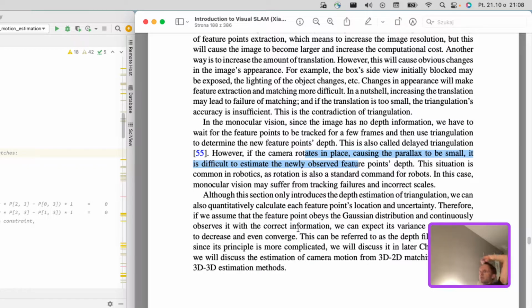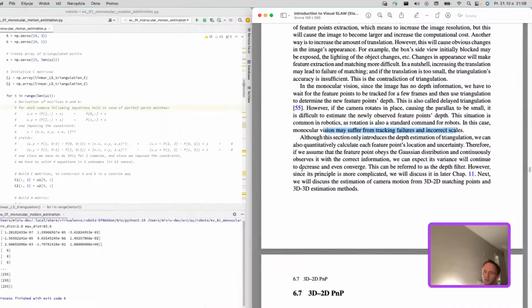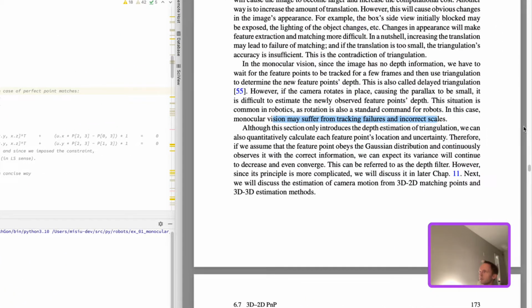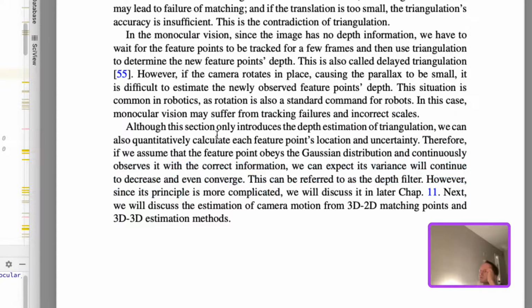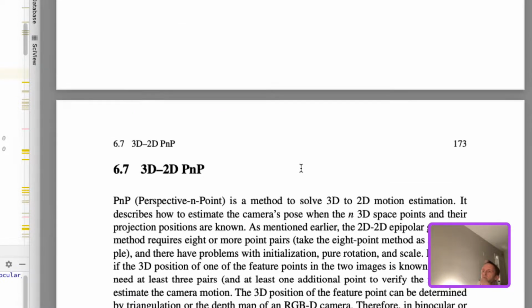Yeah, delayed triangulation. So monocular vision is hard. Yes, it is pretty hard.